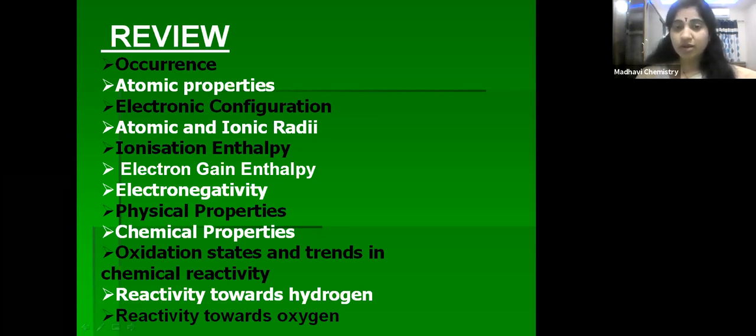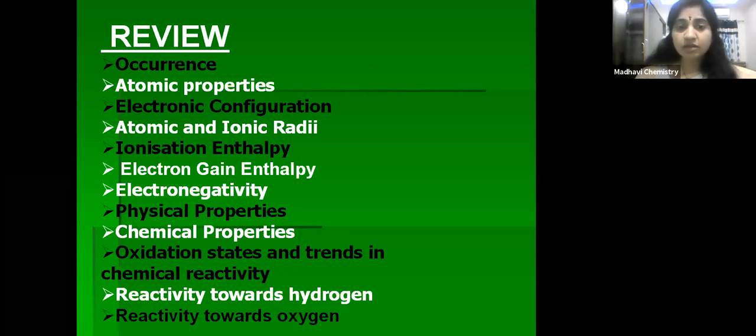If they get one electron, they will get the noble gas configuration, ns2 np6. That's why they readily accept the electron. Because of that, they have high negative electron gain enthalpy.